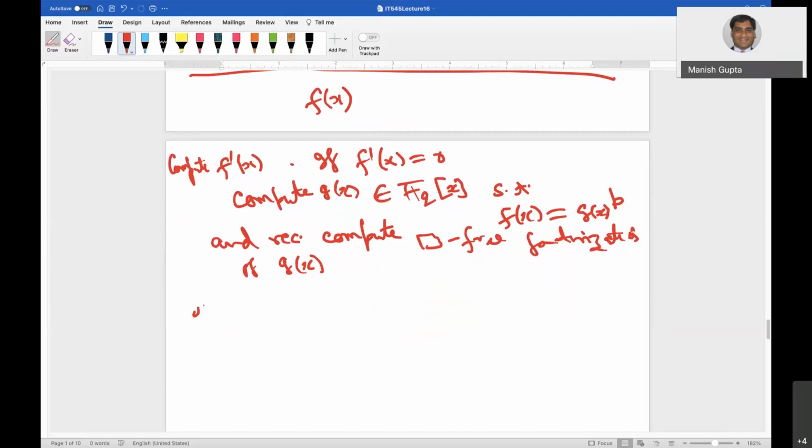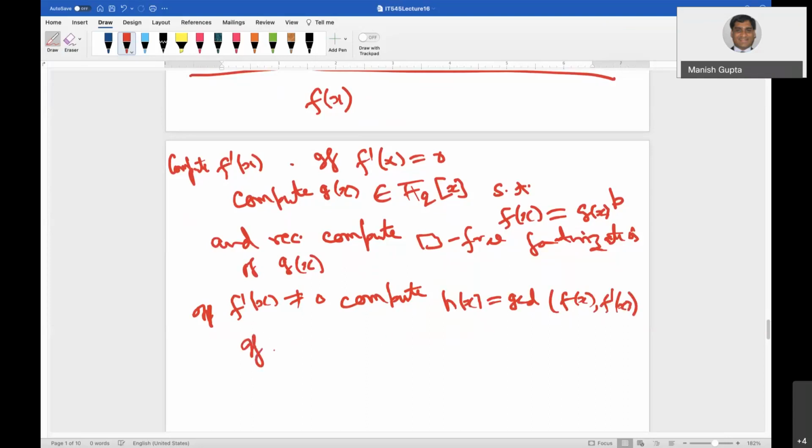If the derivative is not equal to 0, then you compute h(x), which is GCD of f(x) and f'(x). If this GCD is 1, then f(x) itself is square free.